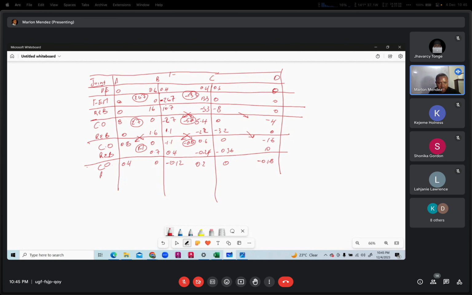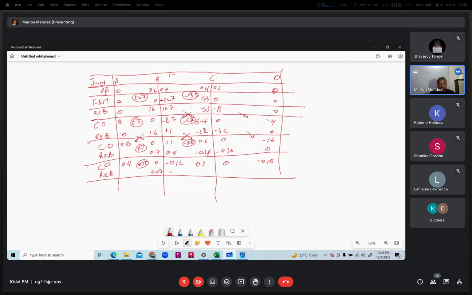Then what you're going to do is release and balance. Once you release and balance, this becomes 0.1. All right. So you apply the formula here. This now becomes 0.007, right?